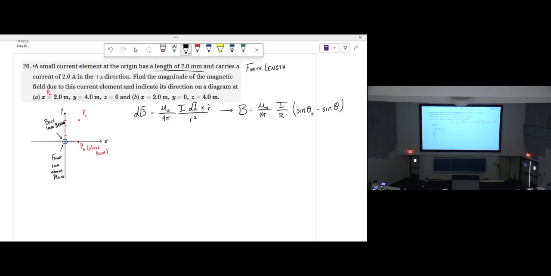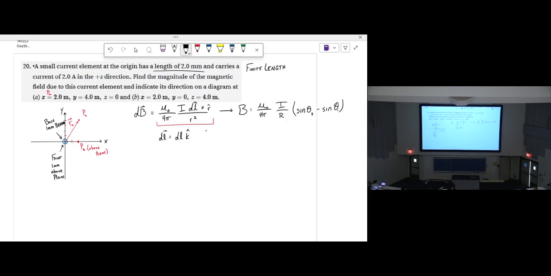Now, looking at just this center cross section of the wire, we want to look at what this radius r is. Call it little r sub a. Actually, let's say this first. The first piece of this puzzle, if we're looking at this formulation right here, we need to consider that dl is equal to dl in the k direction.